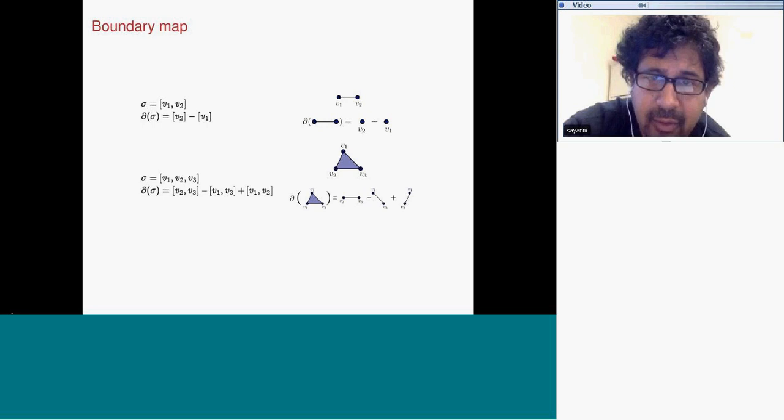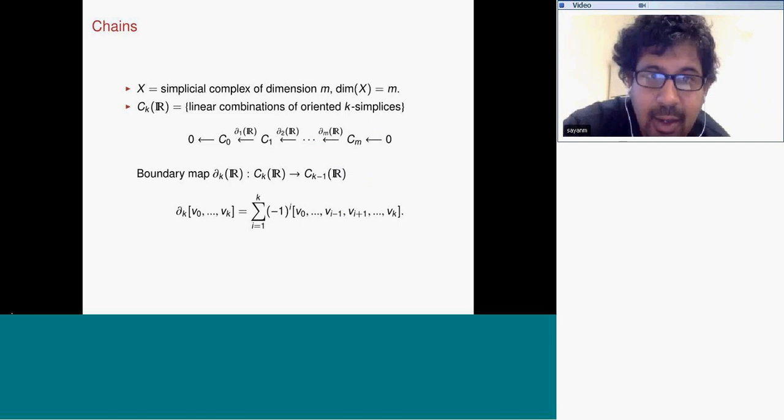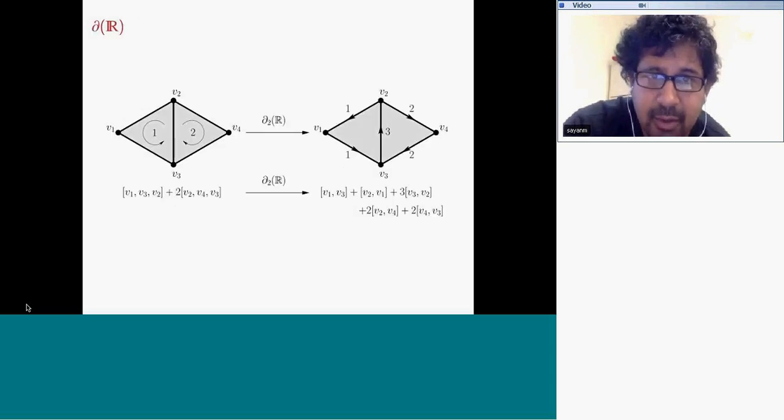If I have an edge, the boundary map is just going to be its two vertices. For the face, it gets taken apart into the edges. And that's the idea of a chain. If you have a simplicial complex of a particular dimension, what a chain is really doing is mapping it from higher dimensions to lower dimensions via a boundary map. And you can think about the boundary map as an alternating sum, just removing one of the vertices, okay?